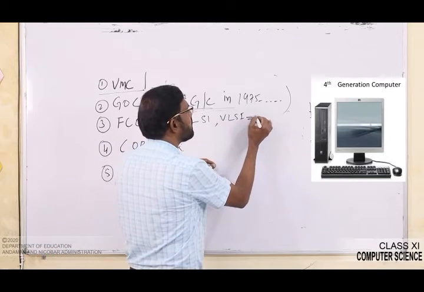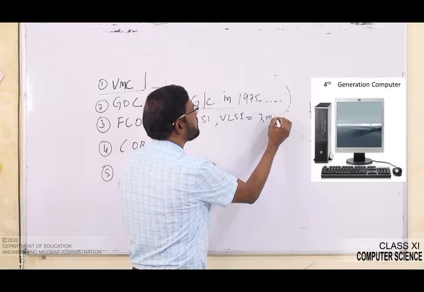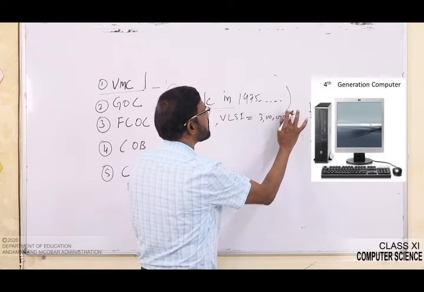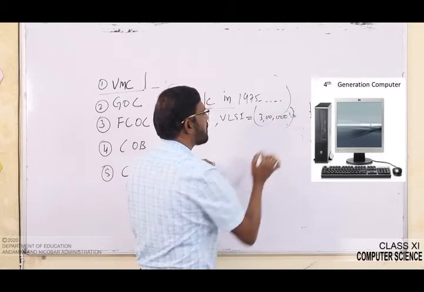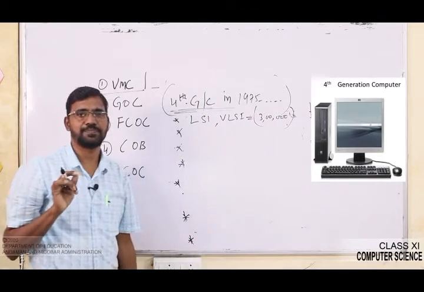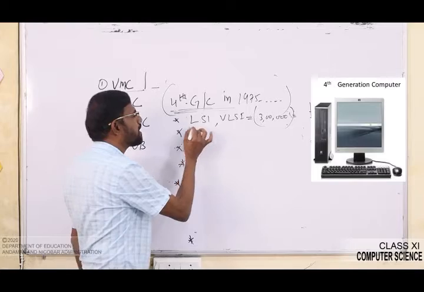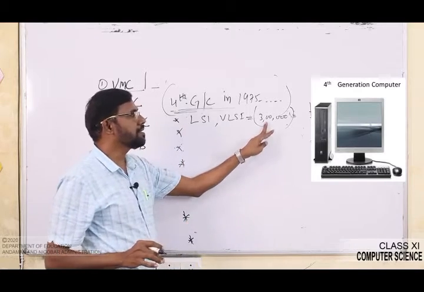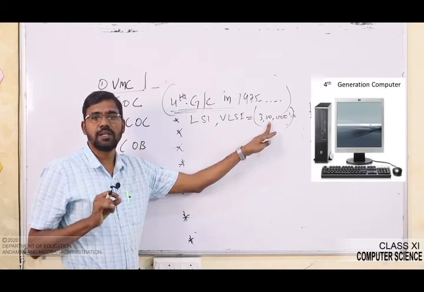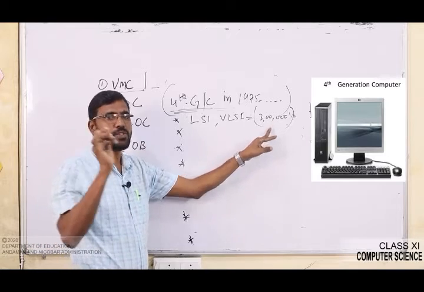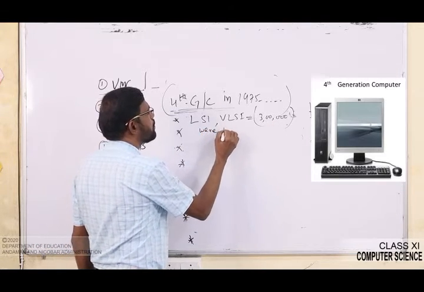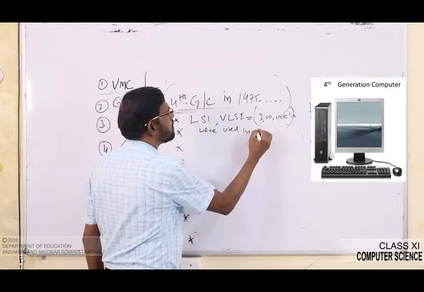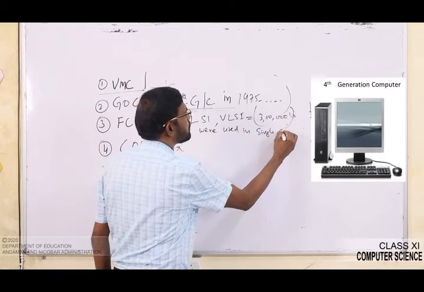In this, almost 3 lakh transistors are used per chip, in a small area, in the single chip.